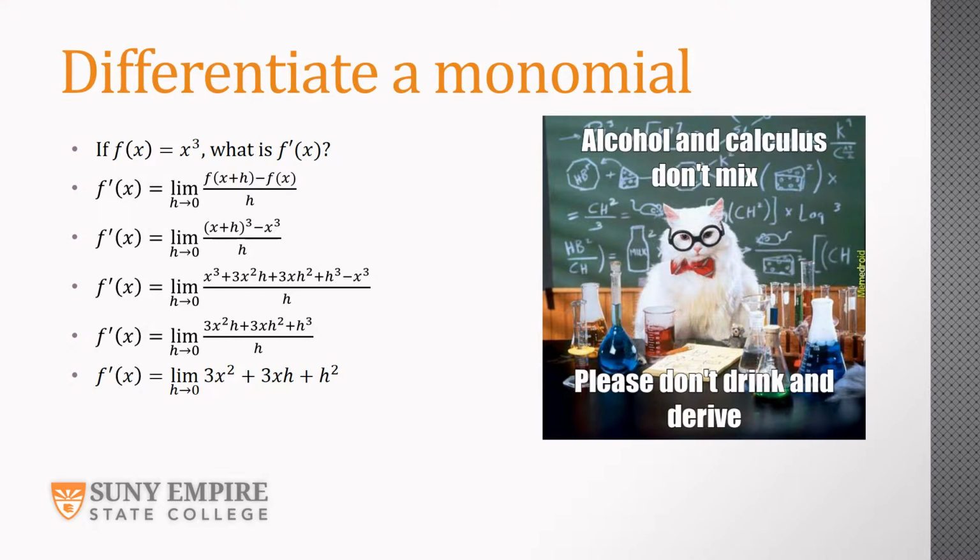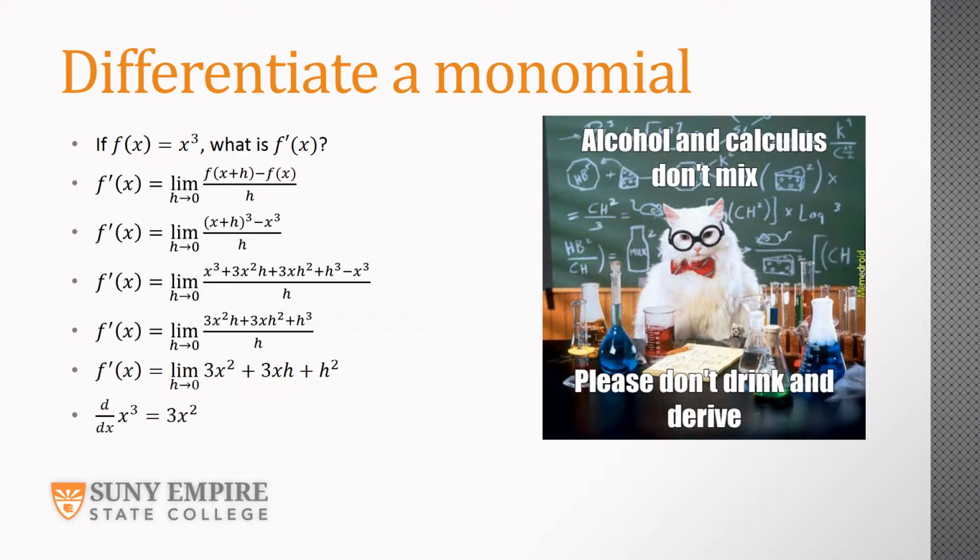Dividing, we are left with the limit as h approaches 0 of 3x squared plus 3xh plus h squared. Taking the limit, we find our derivative. The derivative with respect to x of x raised to the third power is 3x squared.